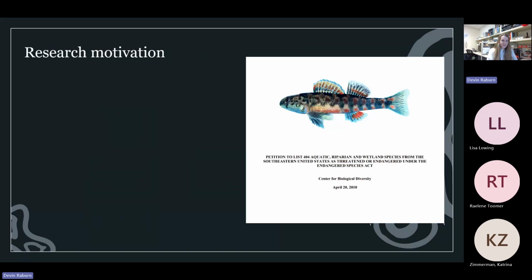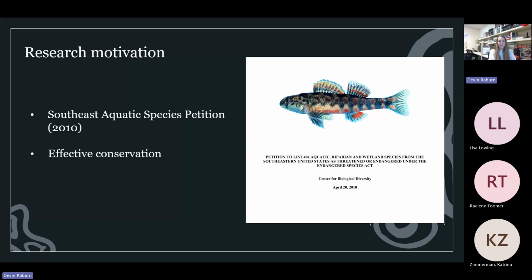But why are we doing this research, which we'll be talking about in a second? In 2010, the Southeast Aquatic Species Petition was published by the Center for Biological Diversity. And this was a petition to list 404 aquatic, riparian, and wetland species under the Endangered Species Act. And included in this petition was my focal species, the Oktibbeha rivulet crayfish.